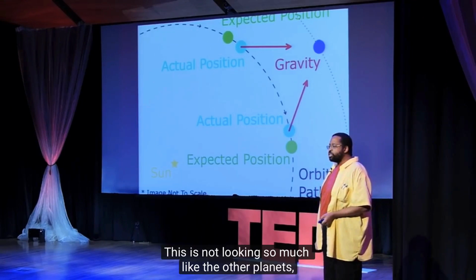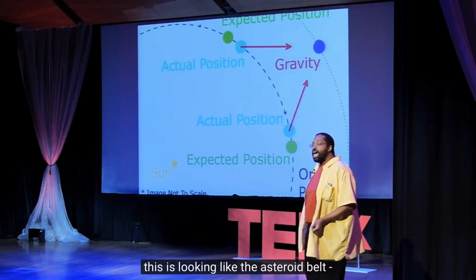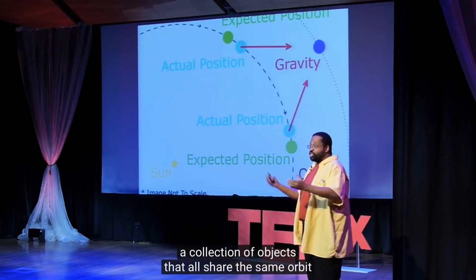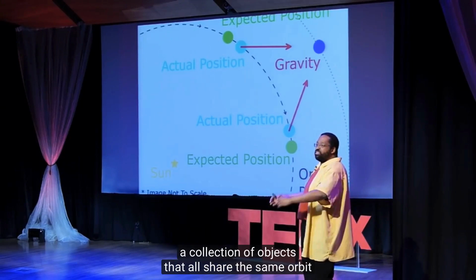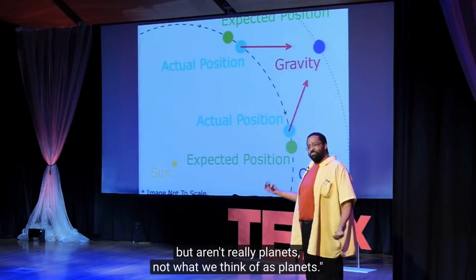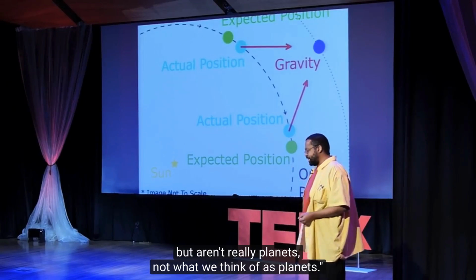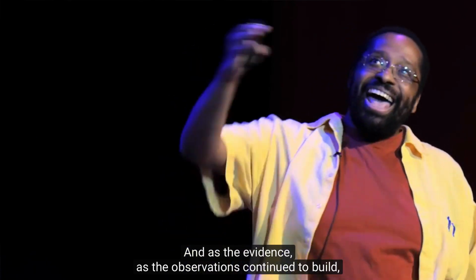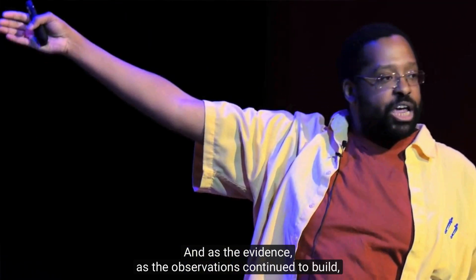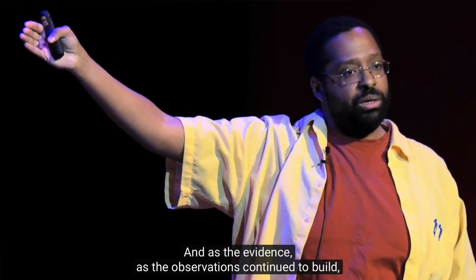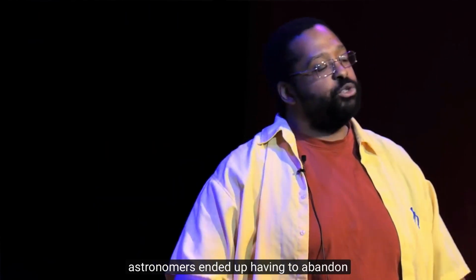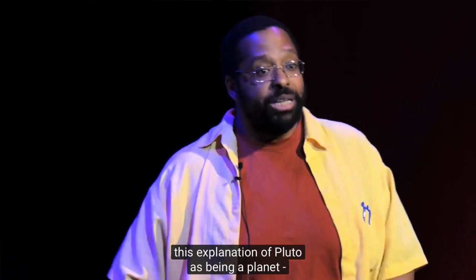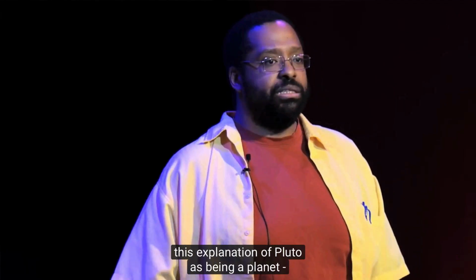This is not looking so much like the other planets. This is looking like the asteroid belt, a collection of objects that all share the same orbit, but aren't really planets, not what we think of as planets. And as the observations continued to build, astronomers ended up having to abandon this explanation of Pluto as being a planet.